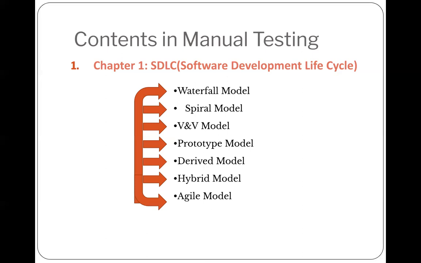Currently we have the agile model, which is very popular and the most followed one these days. In the agile model it is very easy to develop, and it is best suited for current customer requirements, because we can deliver whatever software they have requested within 3 or 6 months with this approach.